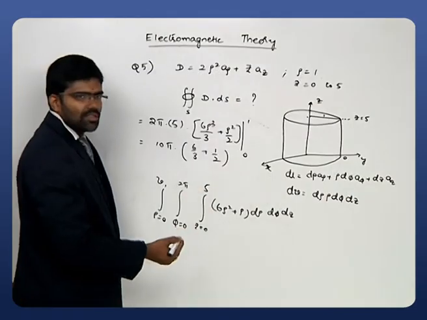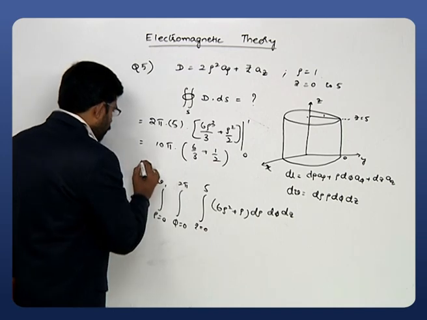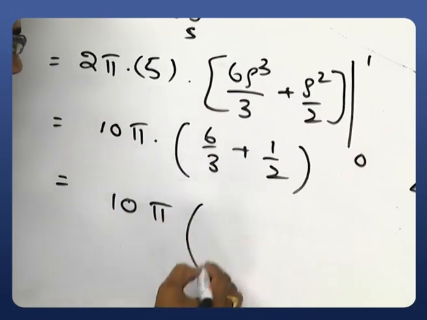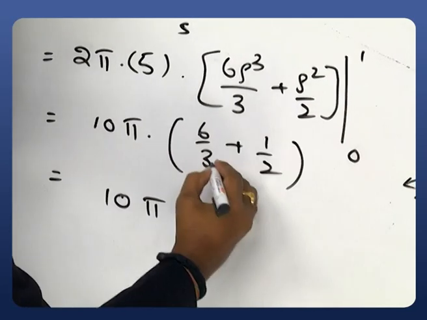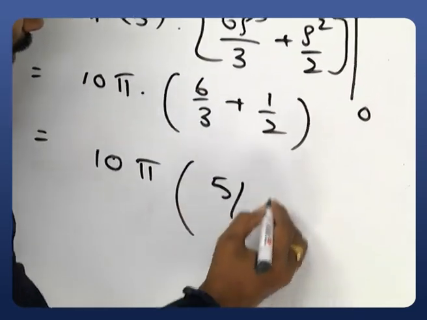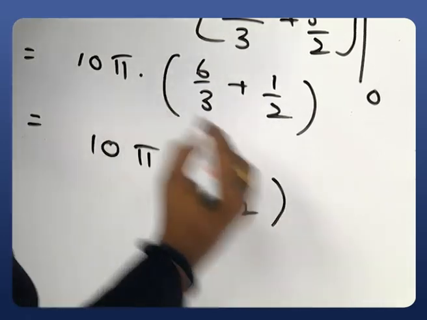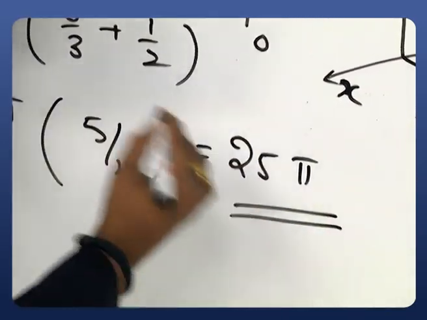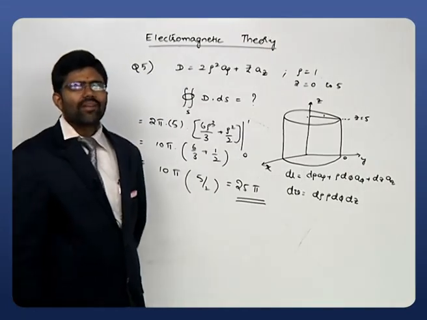The lower limit 0 is always 0. So it equals 10 pi into (2 plus 1 by 2), which is 5 by 2. So 2 will be cancelled, 5 into 5 is 25 pi. So this is the answer we got in our earlier step.